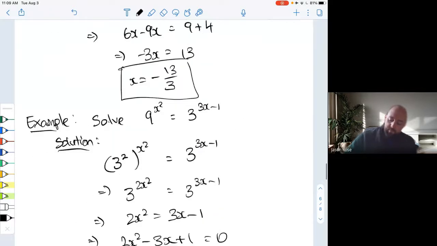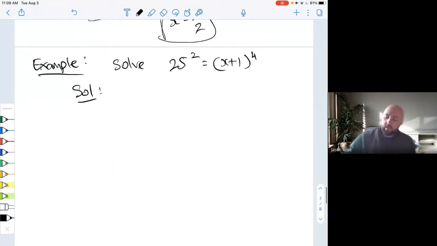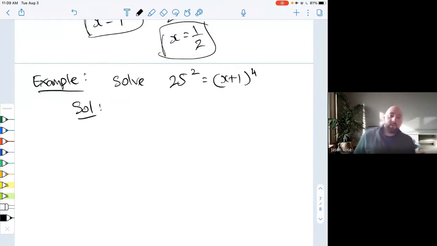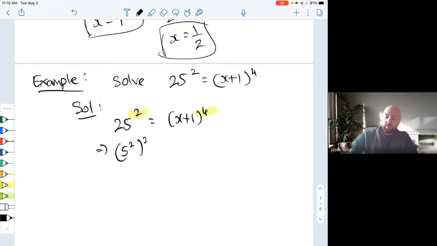So let's roll down and see. In order to equate the 25 and the x plus 1, we needed the powers on top to be the same. So let's see what we can do here. 25 squared is equal to x plus 1 to the 4. Before we can use that 7th property, we want those powers to be the same. The easiest way that I can see to make this happen is to change that 25 to a 5 squared.